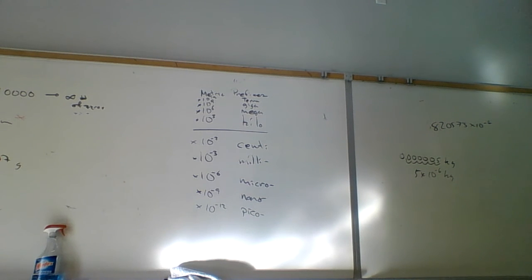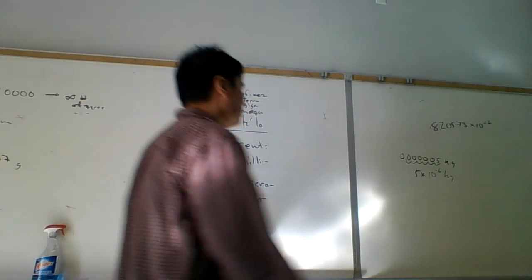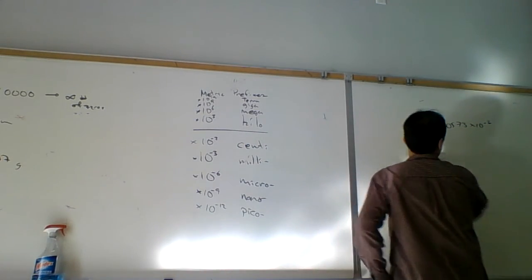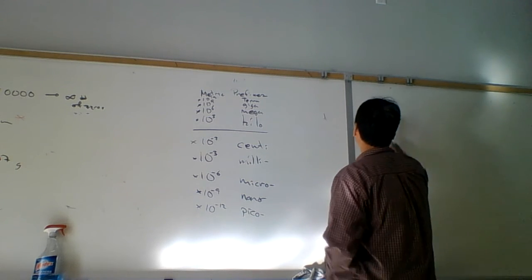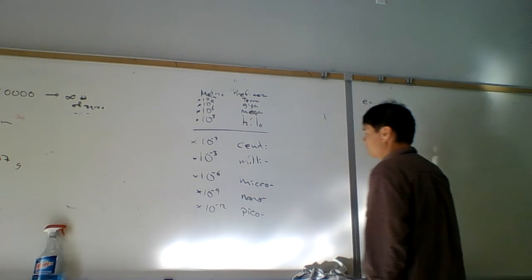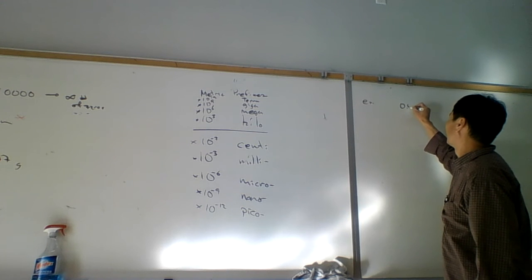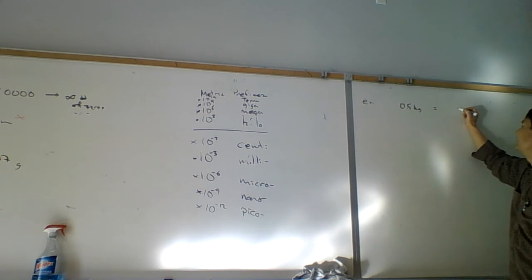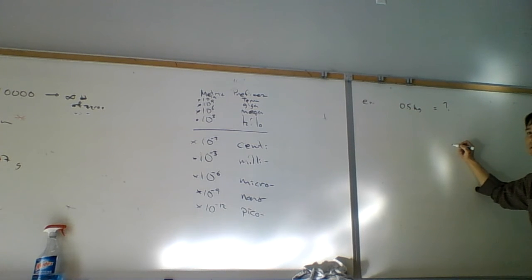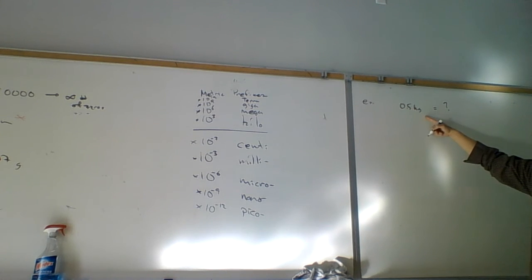All right, so let's do one more. Here, an example of this. There are different ways we can do these calculations. We can do them like if you go 0.5 kilograms, and we go, okay, how many, what should we say?